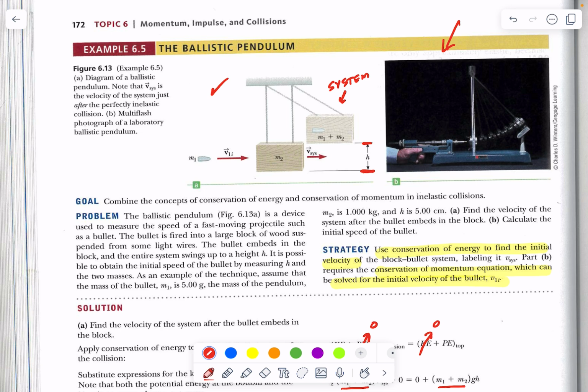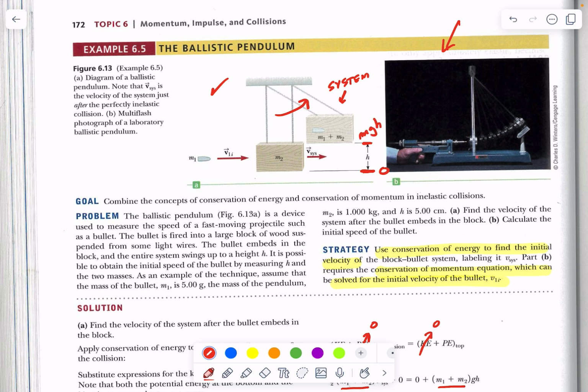It's going to increase in potential energy. So we're going to say it has 0 potential energy when the block is hanging vertically, and then as a result of the bullet embedding itself in it, the block swings upward like this, and now it's at a height h, and now it has more potential energy. It has some mgh.